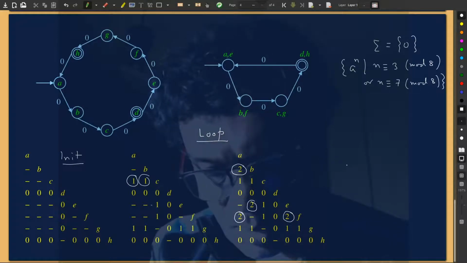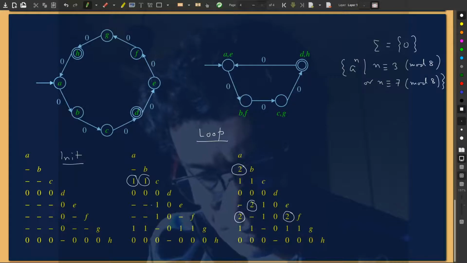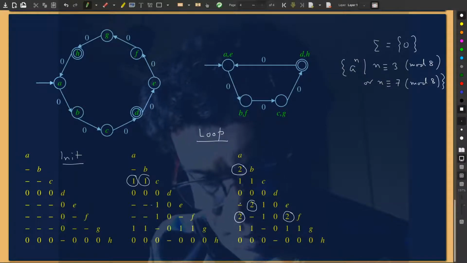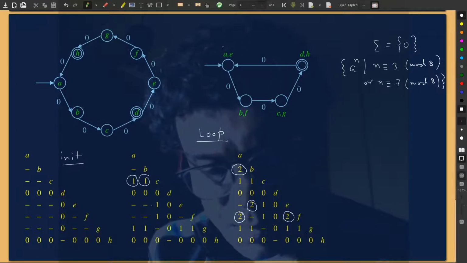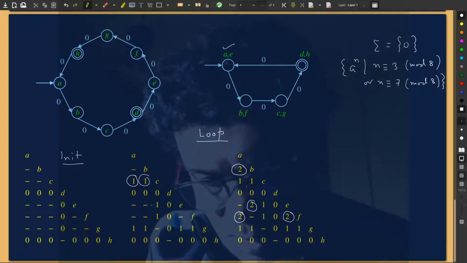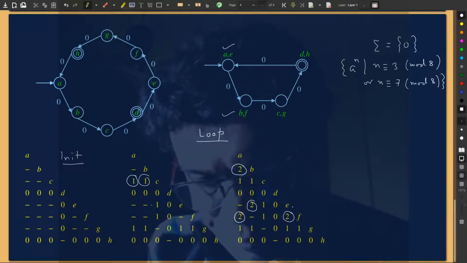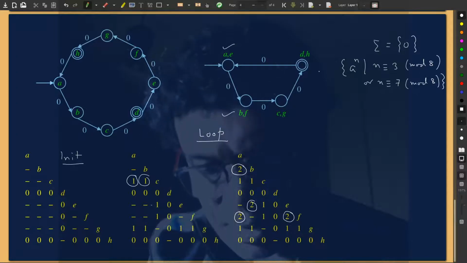Okay. And what remains? It says that A, E become equivalent because of this. B, F become equivalent because of this. C, G become equivalent because of this. And finally, D and H become equivalent. So AE, BF, CG and DH.